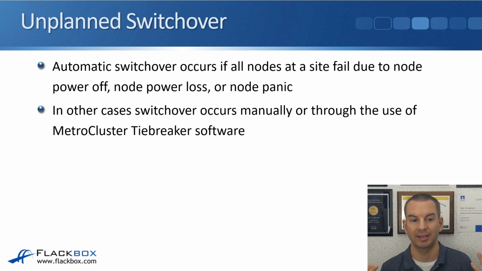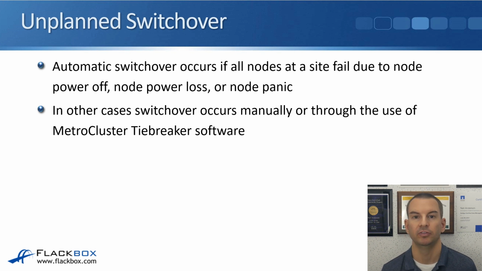Looking now at if there's an unplanned switchover. So if something has actually gone wrong in one of the buildings and we've unexpectedly lost that building. Automatic switchover occurs if all nodes at a site fail due to node power off, node power loss, or node panic. In other cases, switchover occurs manually.